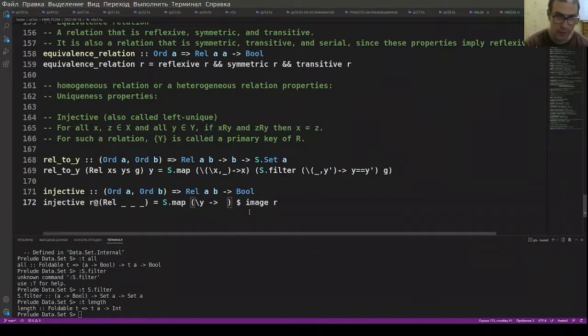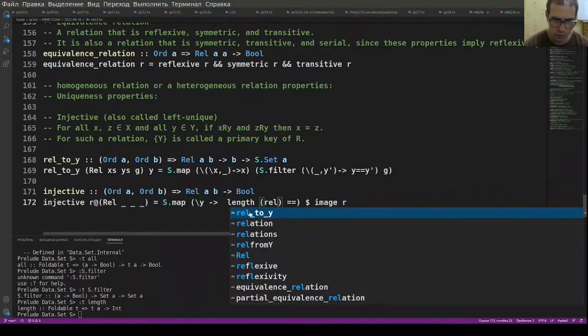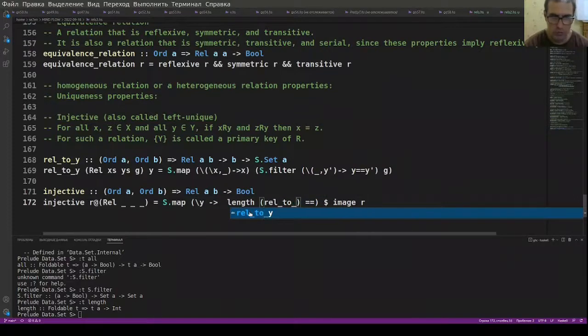I need to say that the length of my relation is equal to, not relation, of course, the length of my relation to y is equal to 1. Okay, like this.